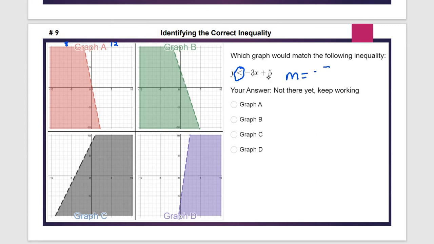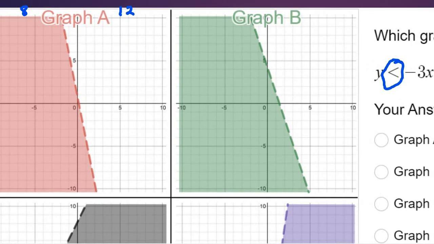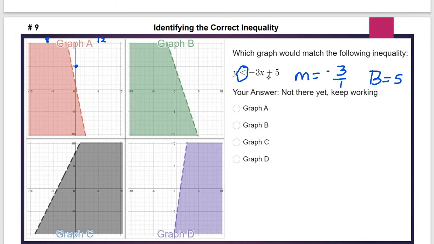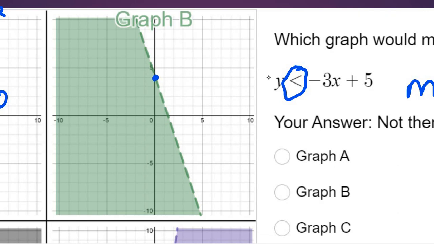Our m is -3 over 1, and the y-intercept is at 5. So I'm going to check. Look at the first one. Is the y-intercept at 5 right here, 0, 5? No. So this one is out. Then is this one at 5? No. It is 0, 4.